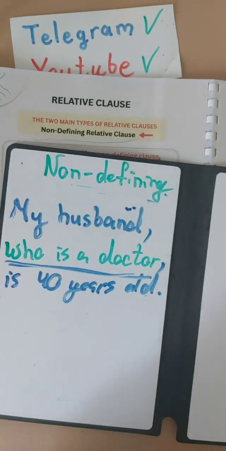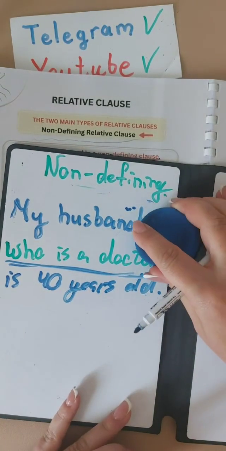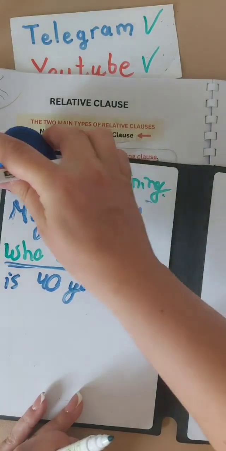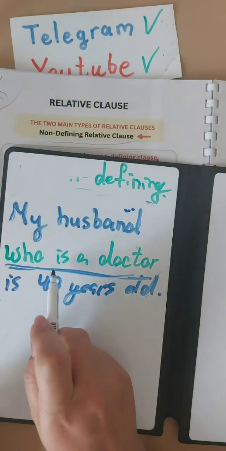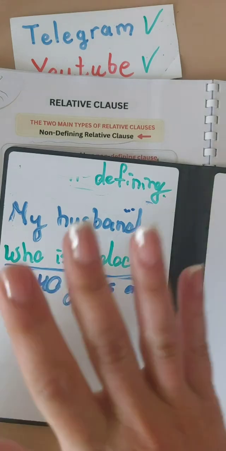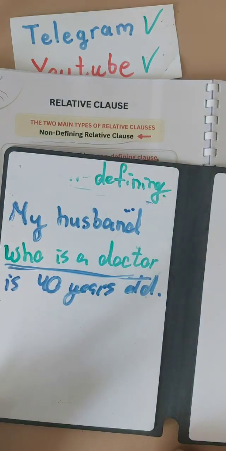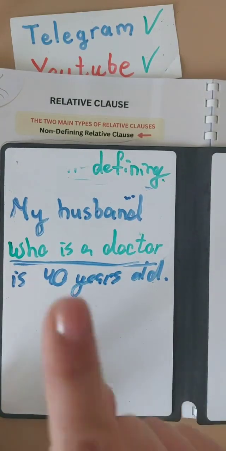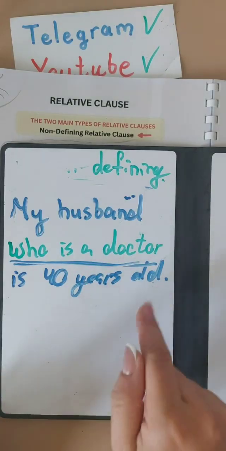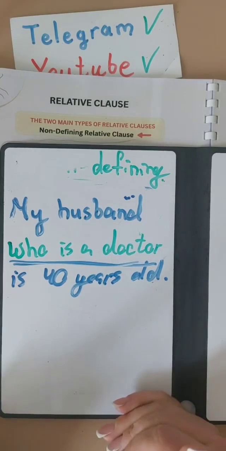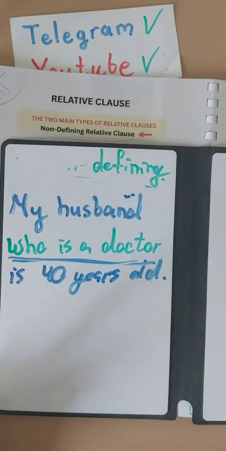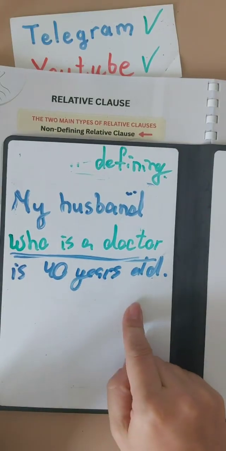In that case, we should remove commas and use a defining relative clause. My husband who is a doctor. Since you have 5 husbands, one is a pilot maybe, the second one is a teacher. So the one who is a doctor is 40 years old. In this case, you need essential information to identify which one is 40.